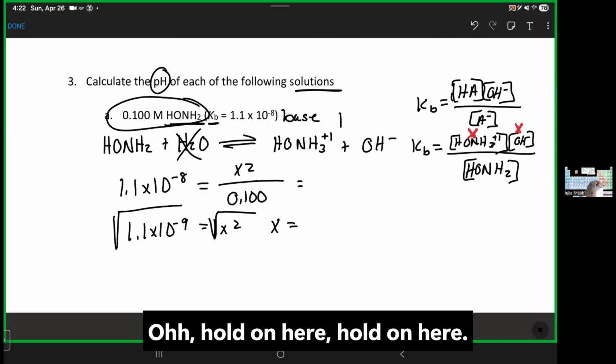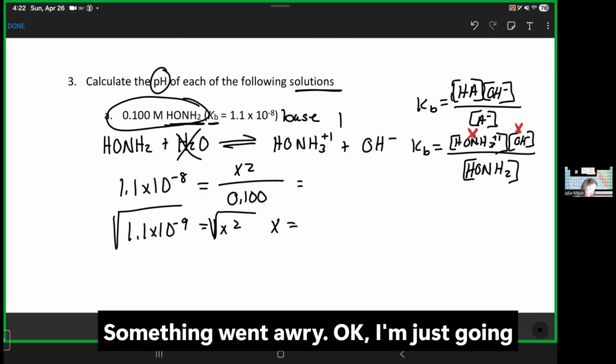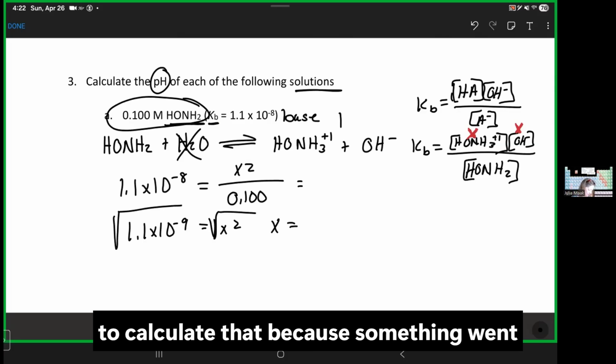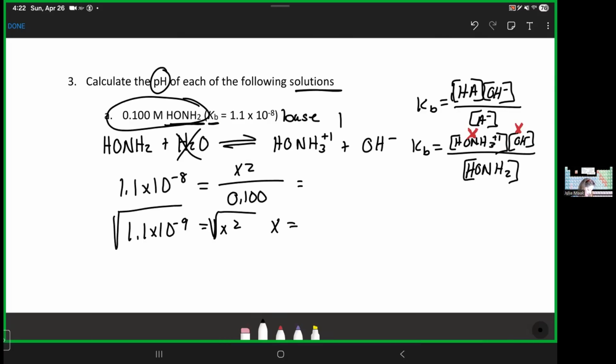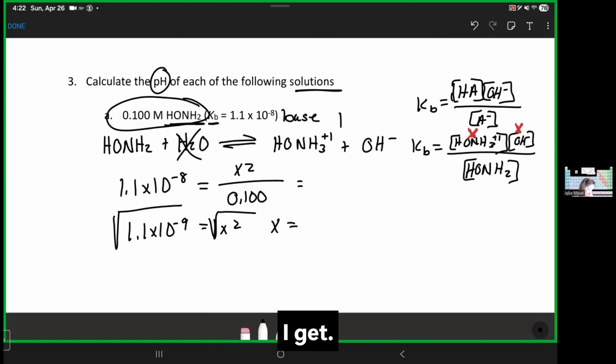Hold on here. Something went wrong on my paper, so I'm just going to calculate that. Take the square root of 1.1 e negative 9.